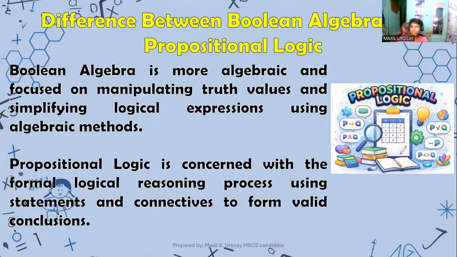Boolean algebra is more algebraic and focused on manipulating truth values and simplifying logical expressions using algebraic methods. Propositional logic is concerned with the formal logical reasoning process, using statements and connectives to derive values and conclusions. For propositional logic, we focus on sentential logic.